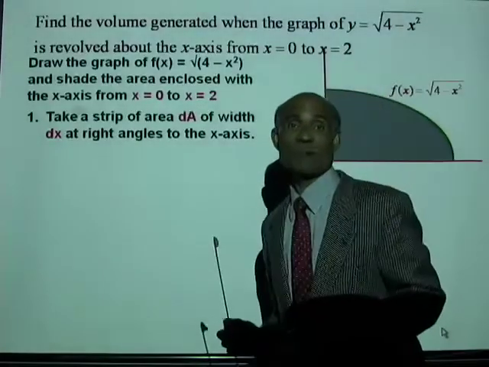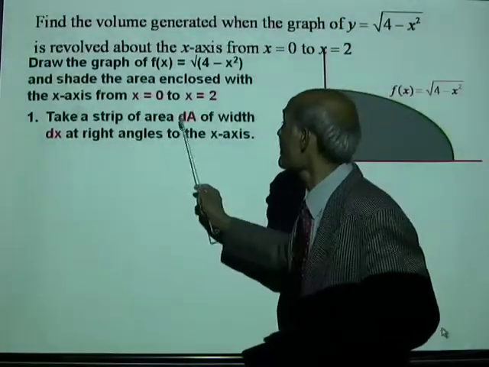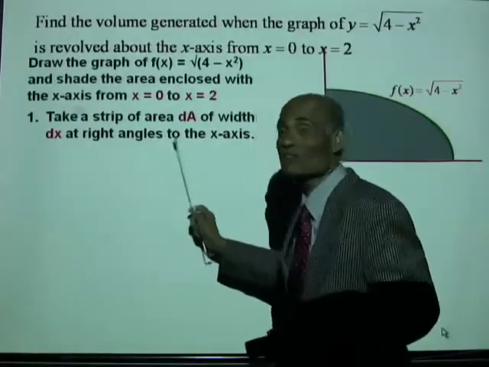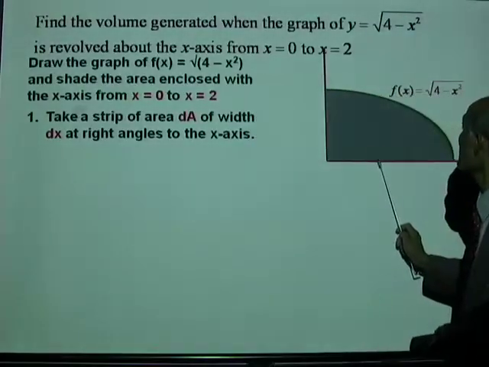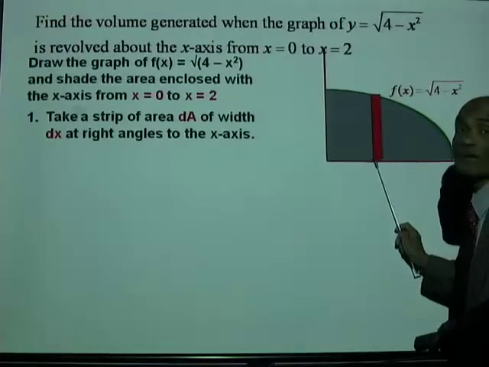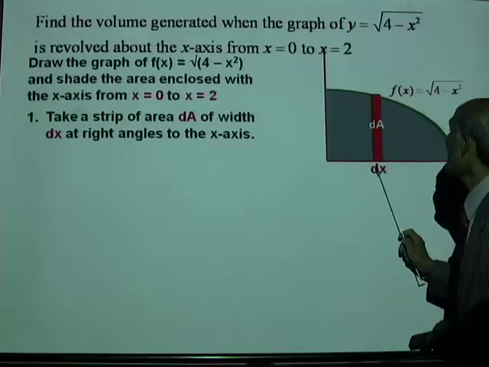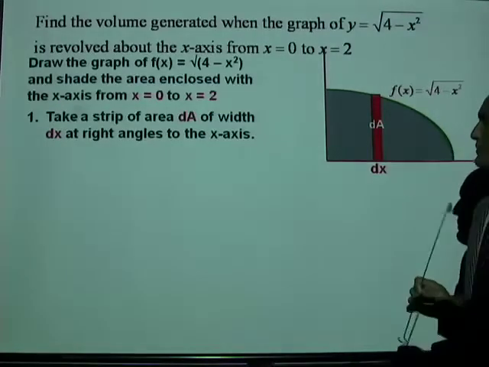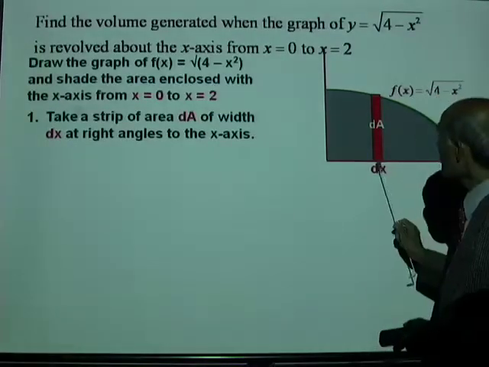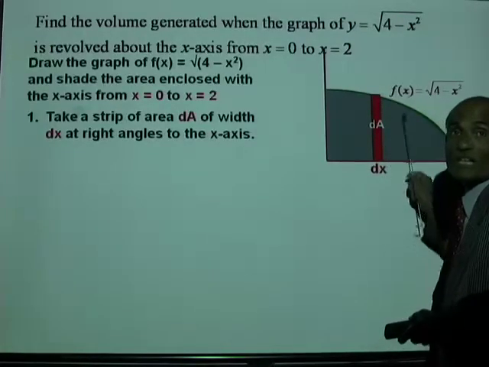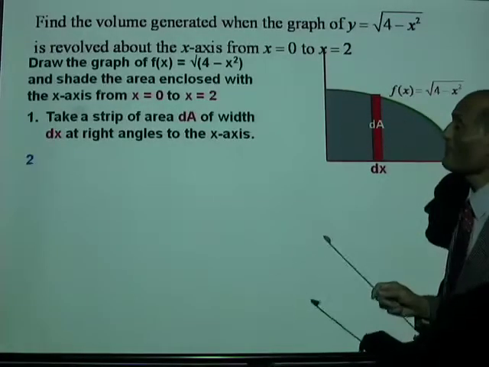Now, what's the first step? Take a strip of area dA of width dx at right angles to the x-axis. So we come here and take a strip of area called dA, and its width is dx. The width of this area is dx, the length of that area is f of x.